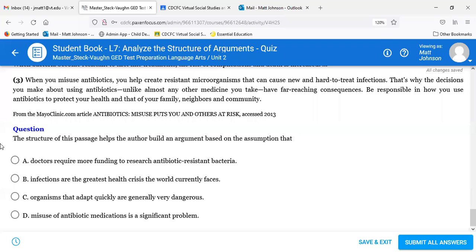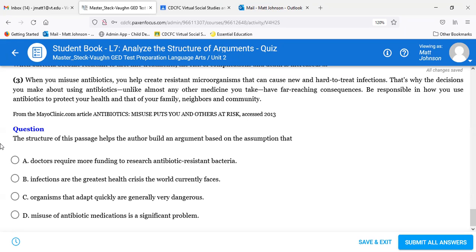Sasha Gay, how about reading number 4? The structure of this passage helps the author build an argument based on the assumption that A. Doctors require more funding to research antibiotic resistant bacteria. B. Infections are the greatest health crisis in the world currently faces.